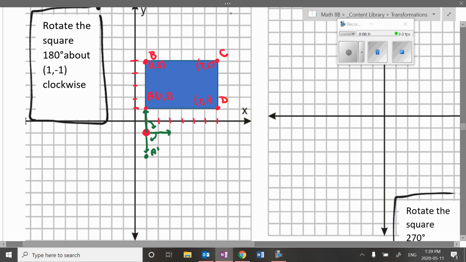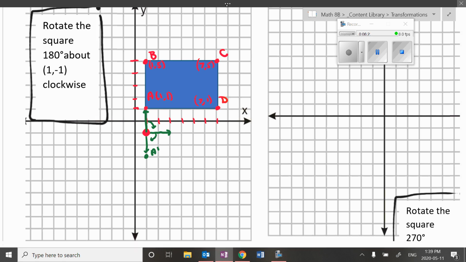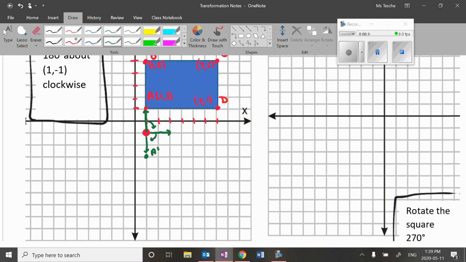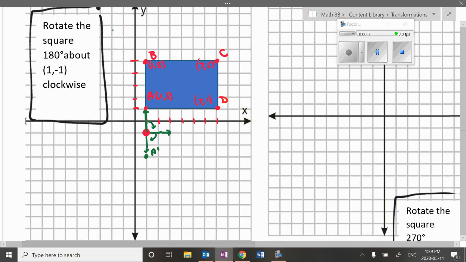B prime is going to be similar because B is in a straight line. So B is going to go 6 spaces up because we're 1 below the axis.